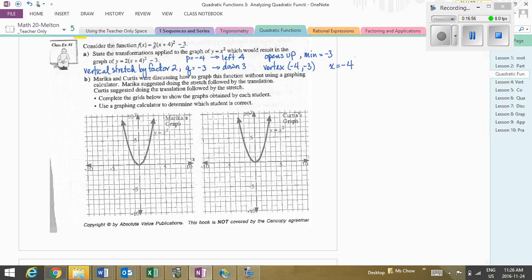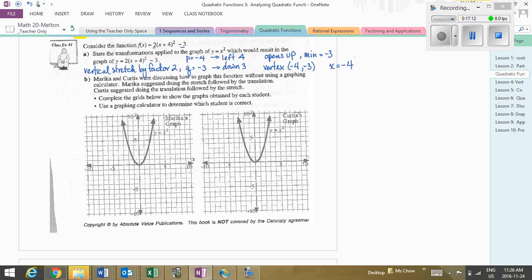So let's take a look at Marika and Curtis. In terms of discussing how to graph this function without using a graphing calculator, it's interesting because there's a few ways to go through this.